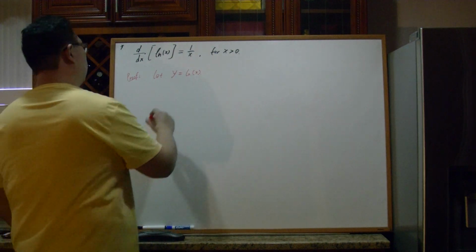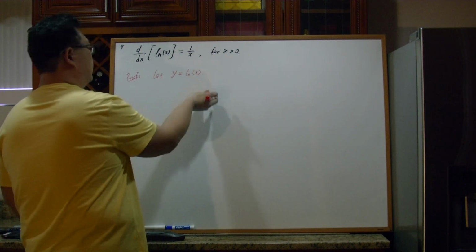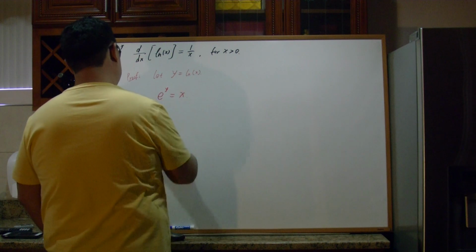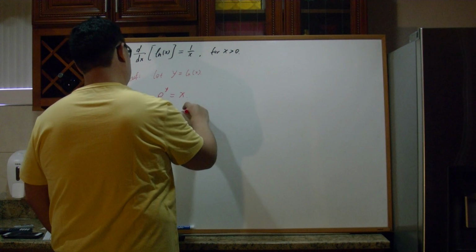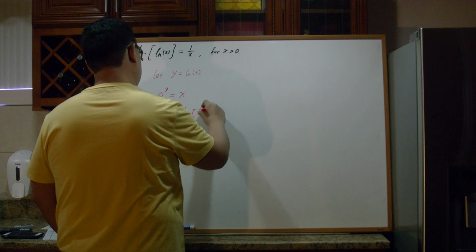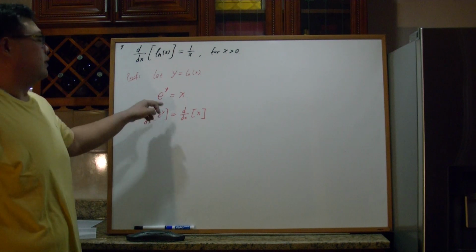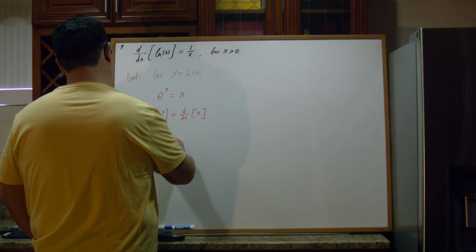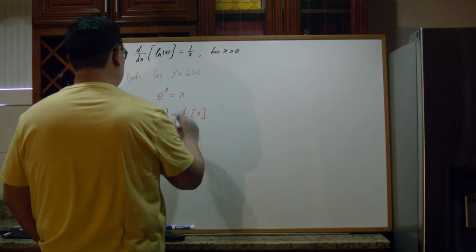Let y be the natural log of x. If we apply the inverse function, we get e to the y equals x. Then we apply the derivative to e to the y, applying the chain rule, that is e to the y times dy over dx, equals the derivative of x with respect to x, which is 1.